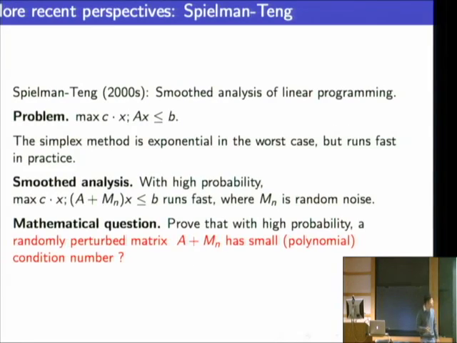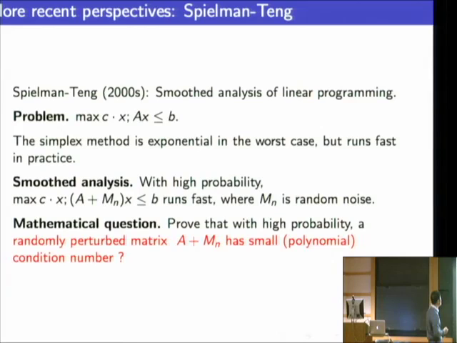Okay, another thing in the title of the talk I mentioned is a more recent work of Spielman and Teng in early 2000. Well, it gets a lot of mentioning lately, of course. It is a smooth analysis of linear programming. So we have this problem that we have to maximize the goal function c dot x conditioned on Ax less than or equal to b.